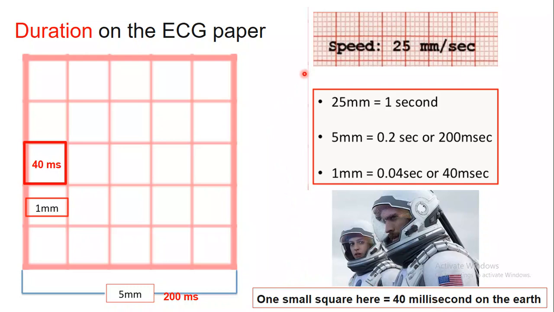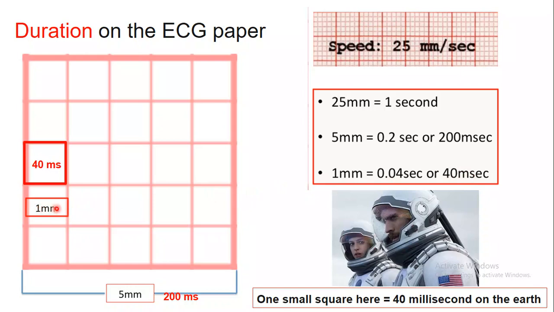Because the ECG machine prints at a rate of 25 millimeters per second. So each 5 millimeters equals 200 milliseconds, and each 1 millimeter, which is one small square, equals 40 milliseconds.